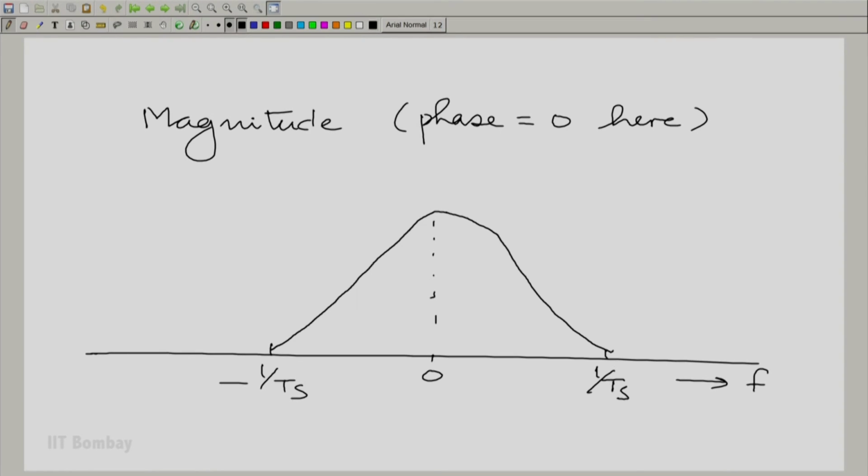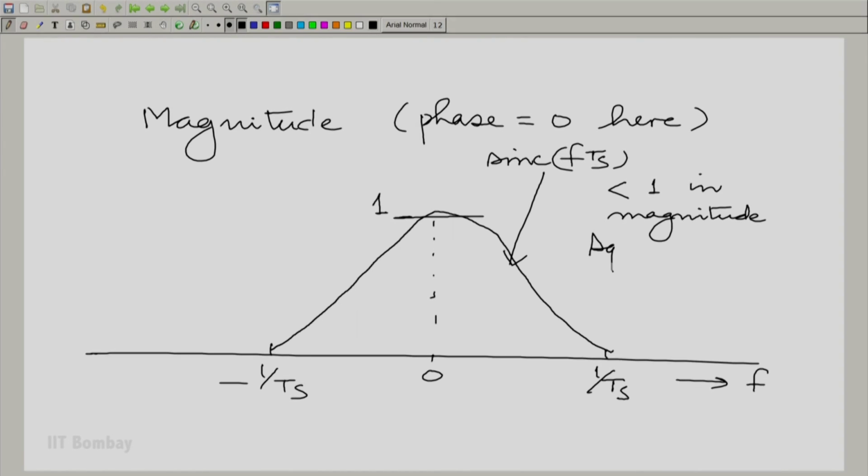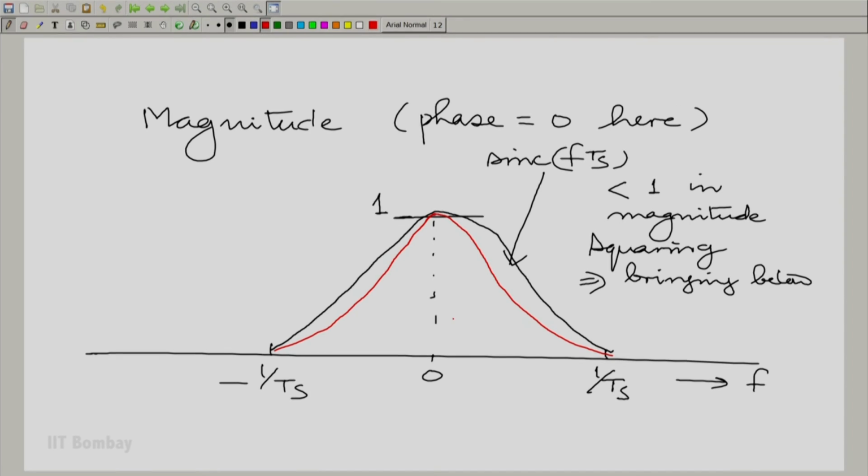The sinc function has a maximum at 0, it takes the value of 1 at 0. I am essentially plotting the sinc part, sinc(f Ts), and sinc(f Ts) is always less than 1 in magnitude. So, squaring means reduction, bringing below the sinc function. When you square a number which is less than 1, it goes down. So, it would look something like this, it would fall even faster.